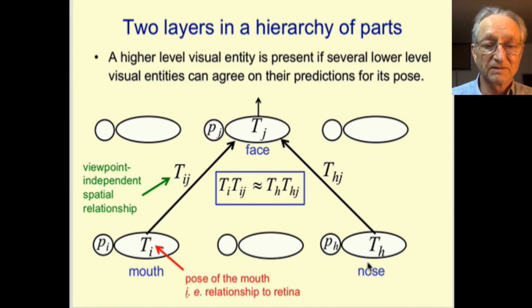That's what those P's are. Each part can make a prediction both for what the whole might be, the whole that it belongs to, what the identity might be, but also what the pose might be. If you get several parts that agree on the identity, so the arrows go to the same higher level capsule, and they agree on the pose, then you know they're in the right geometric relationship to make the whole.